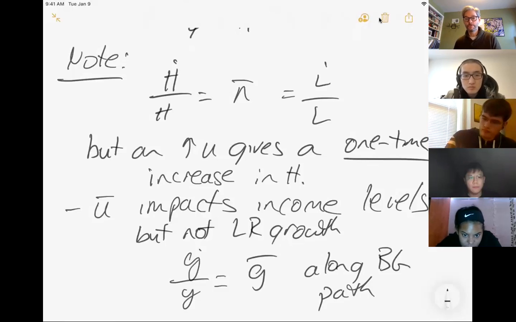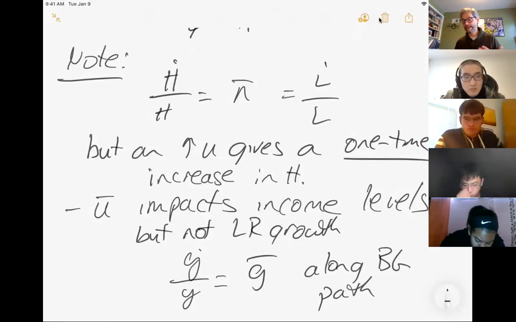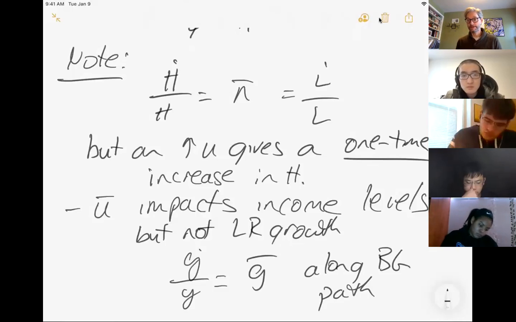So if we look across countries, when they have an increase in the average amount of education, it's not because, in a rich country, people are spending more time in school. It's because more people are reaching graduation rates, right? Does that make sense? So in other words, what this model is really recognizing is that it's not growth in education that's going to be driving long-run growth, but it is going to be driving differences in income levels.